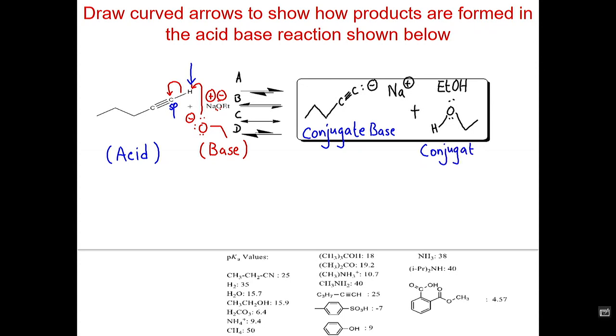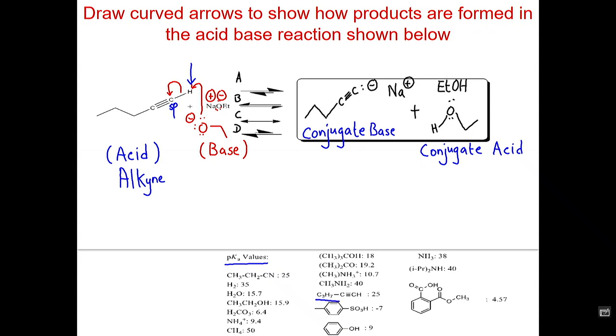The last thing to do is to determine the direction of equilibrium. To find the direction of equilibrium, we look at the pKa's of the 2 acids that are involved in the reaction. One is your starting acid, which is the alkyne. The pKa of alkynes are listed here below in the pKa table.